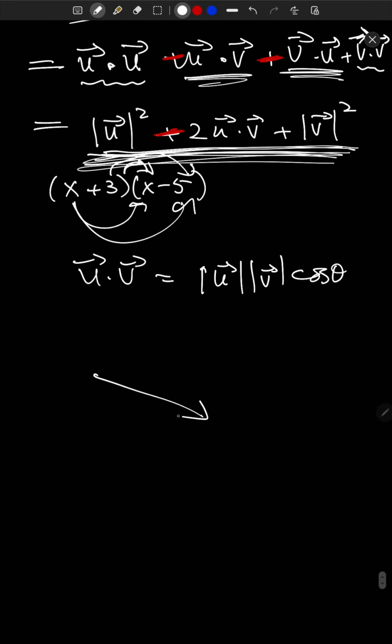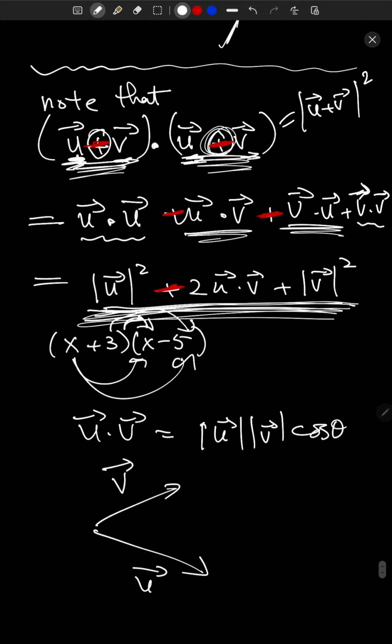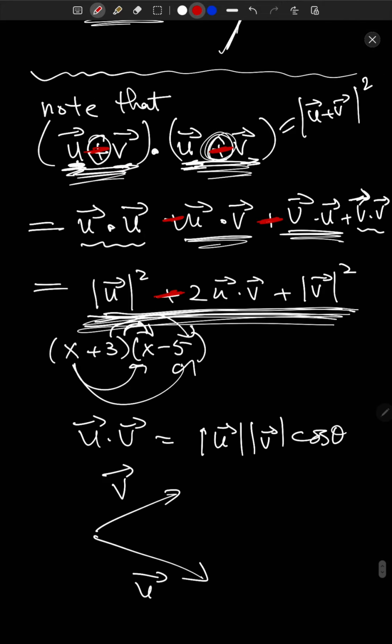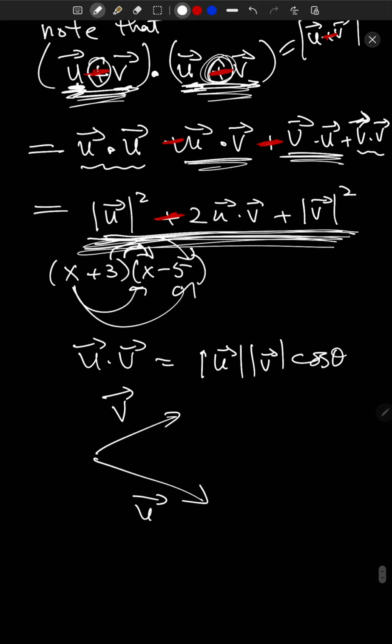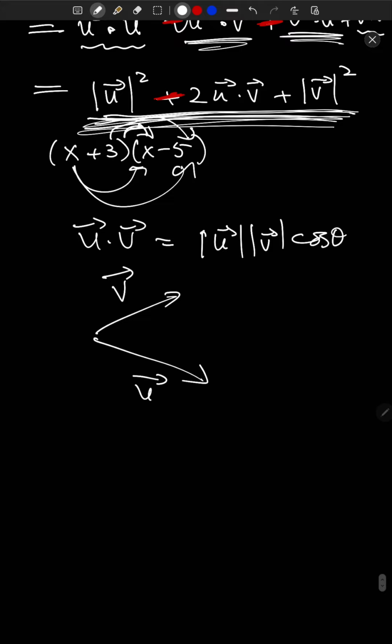Well, here's u, here's v, for example. What's u minus v? u minus v plus v is equal to u, right? So this guy here is u minus v. And so this creates a triangle. That angle here is theta.